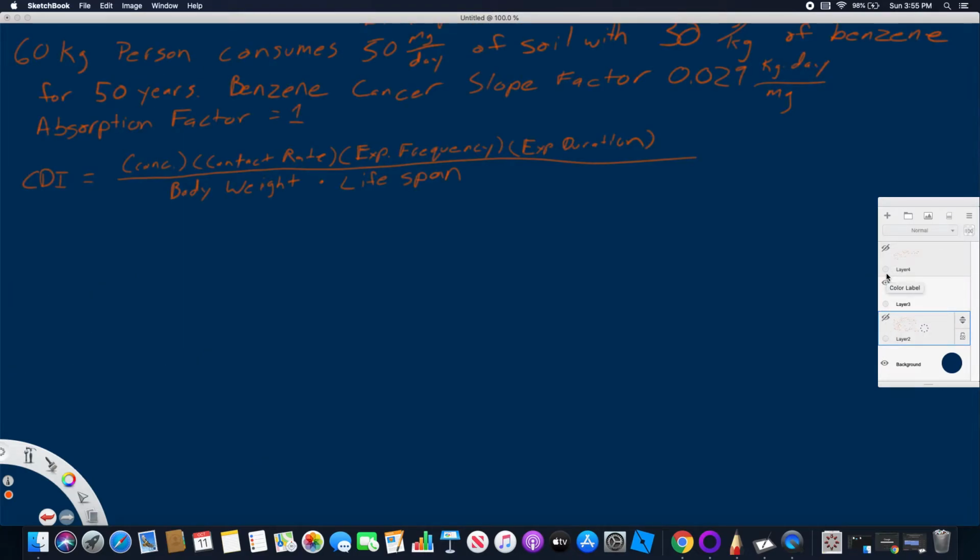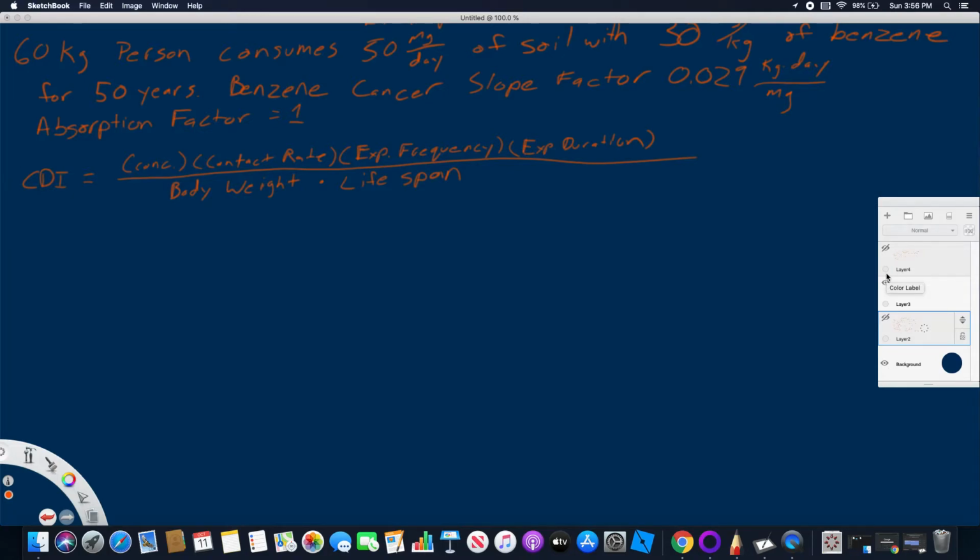Okay, so a couple of examples. You're probably going to see some kind of calculation for cancer risk, or the CDI, some kind of calculation for risk assessment, and it's probably going to be along these lines.